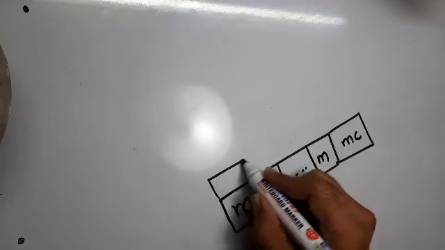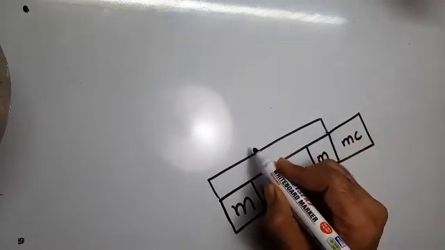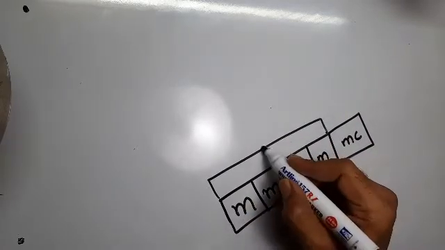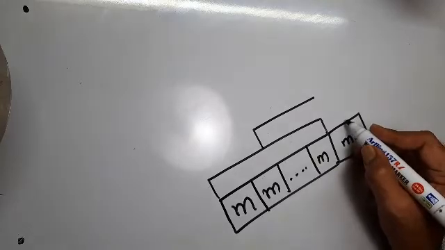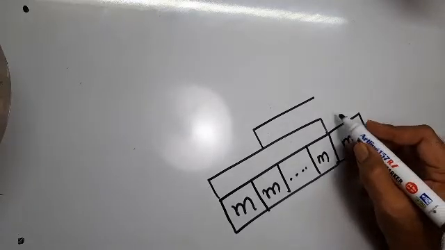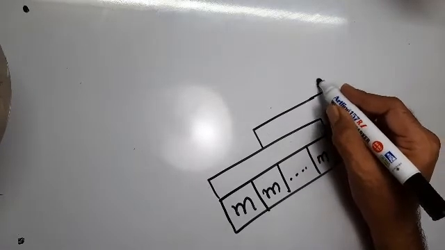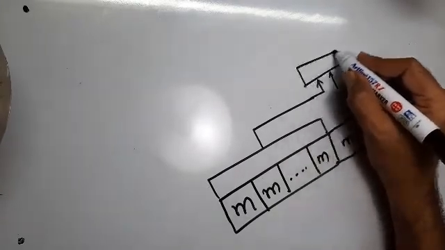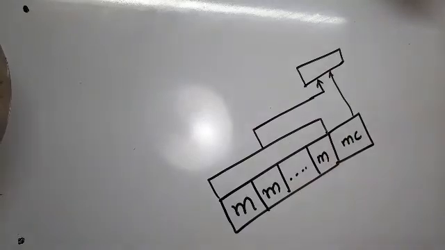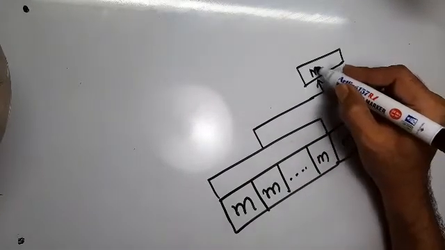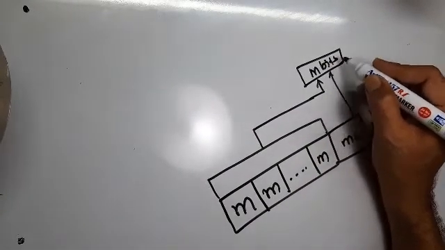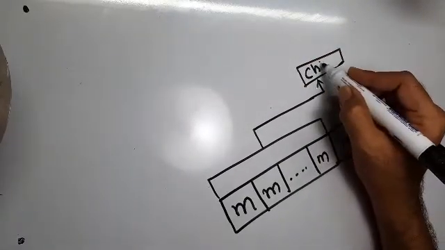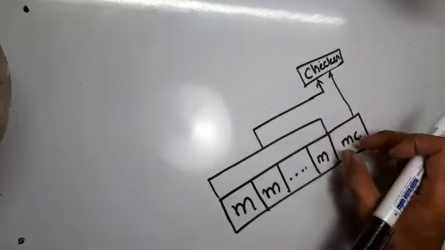Now at the receiving side, what happens is, they use these m bits of the message. The calculation will be performed on these m bits, and the m bits of the checksum will be used. The outcome is m bits. I'll call this the checker.